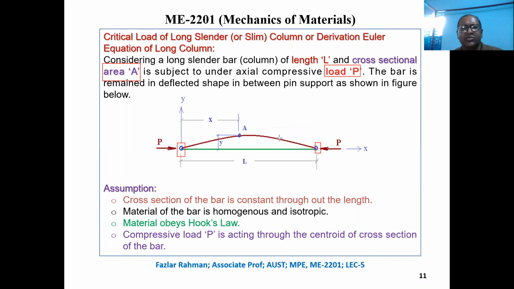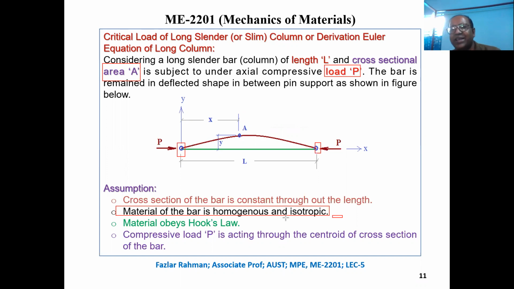Okay, so for everything we derive, we need to make some assumptions. Number one assumption: in most cases, we work with only isotropic and homogeneous material. We say the material is isotropic and homogeneous, and even when we derive the formula, the material is assumed homogeneous and isotropic.